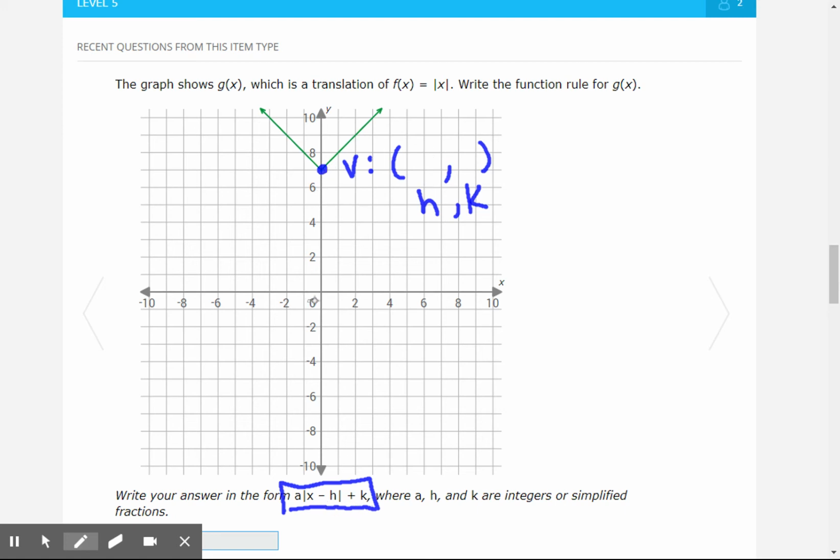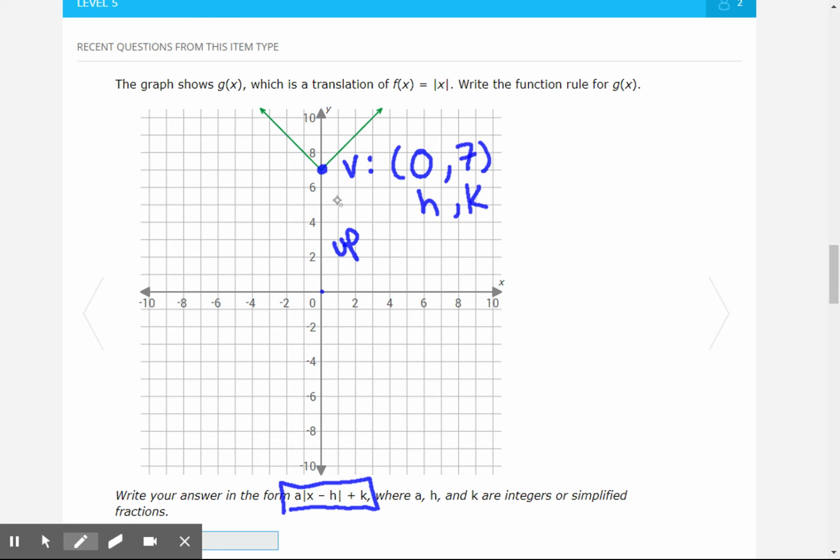So my h value didn't move from the origin, so it is 0. My k value did move. It shifted up, and it went up 7 units.